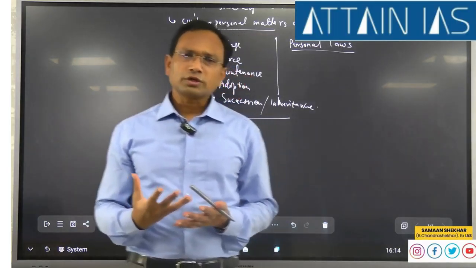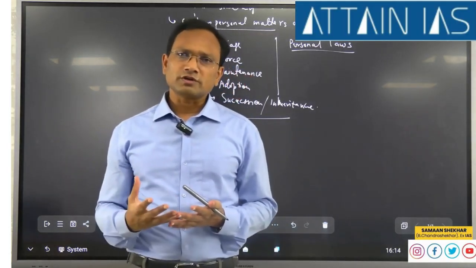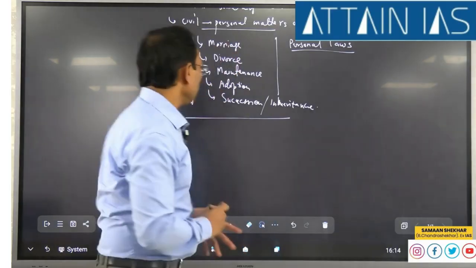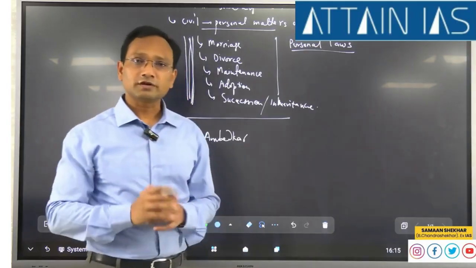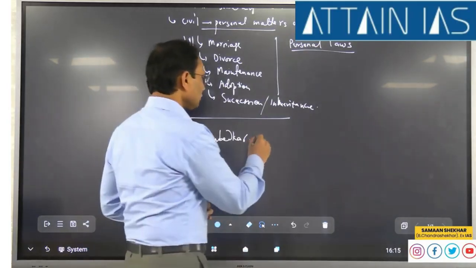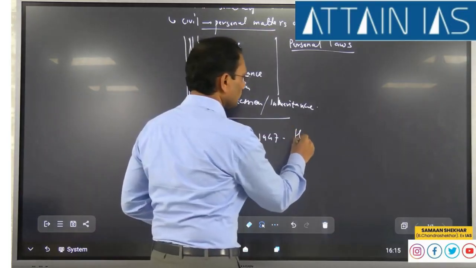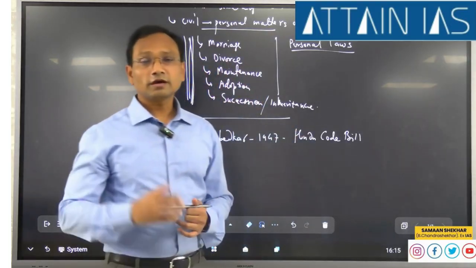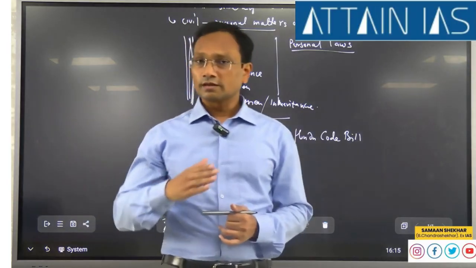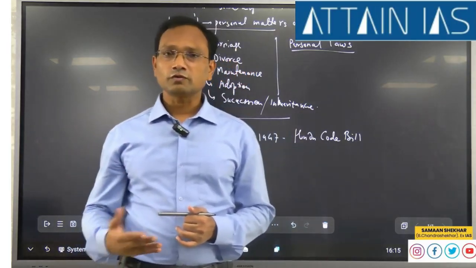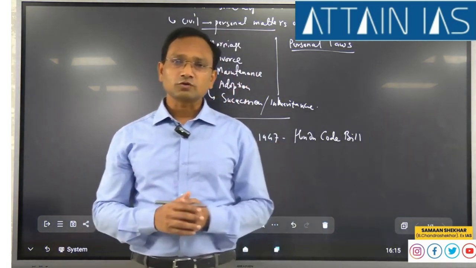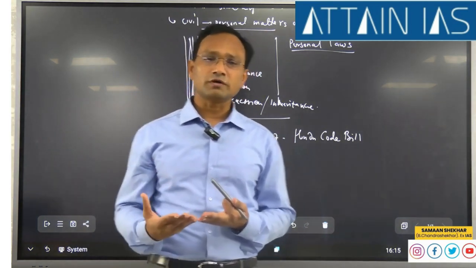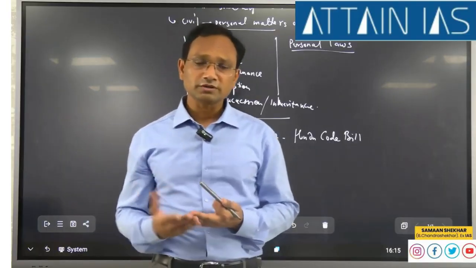The first notable effort in this direction was made by Dr. Ambedkar way back in 1947, when he introduced the Hindu Code Bill in 1947. Now, in 1947, the Constituent Assembly was in the process of making the constitution, but as you know, it also had legislative powers and acted as an interim parliament.